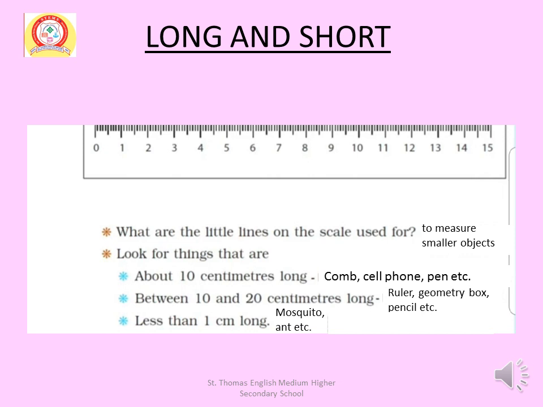Now, you have an activity here that you have to search for things that are about 10 centimeters long. What are those objects? Comb, cell phone, pen, etc. Between 10 and 20 centimeters long.